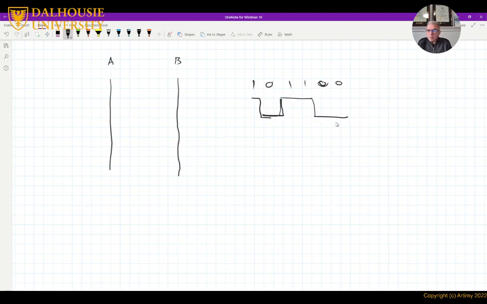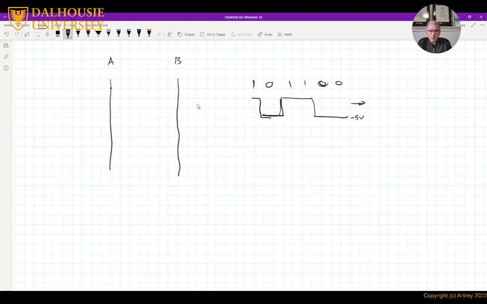Okay, so this negative 5 volts, when it starts being transmitted from A to B, it doesn't appear immediately on the other side. Instead, it will take time.